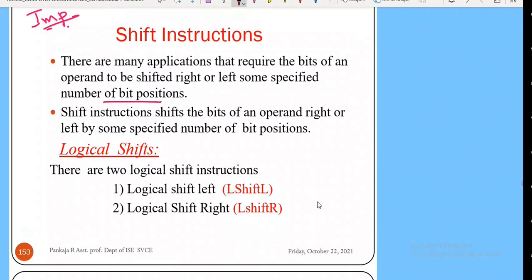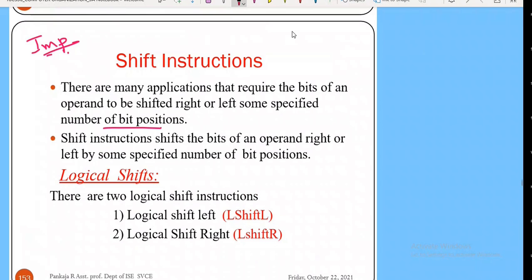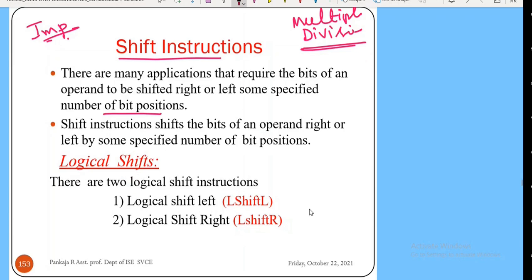So why do you need to learn shift instructions? When we start the arithmetic chapter, where we perform arithmetic operations, addition, subtraction, also multiplication and division, we are going to achieve them using the shift method. For that reason you need to understand how shift instructions work.